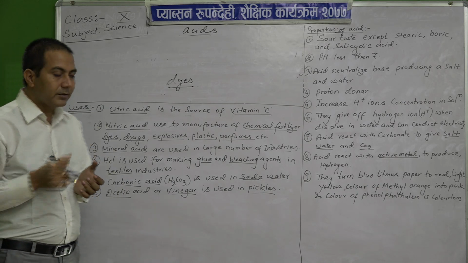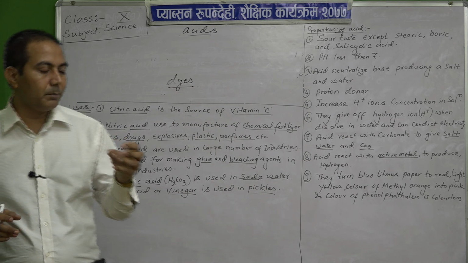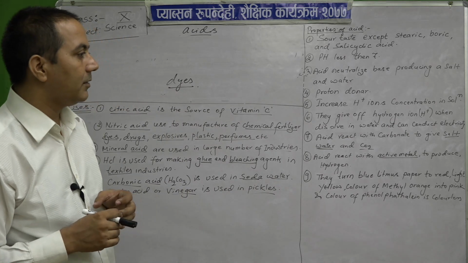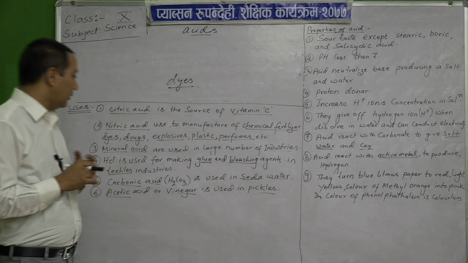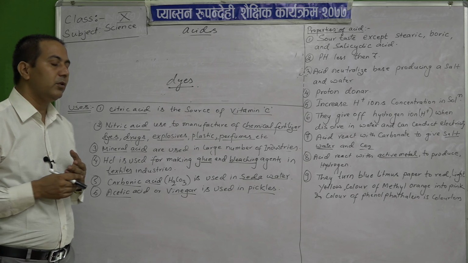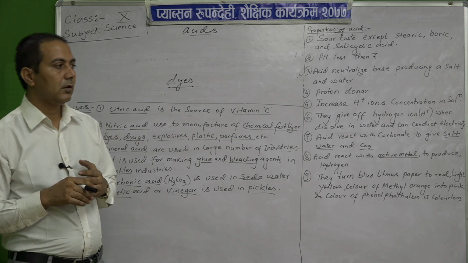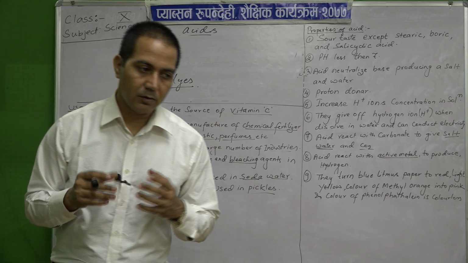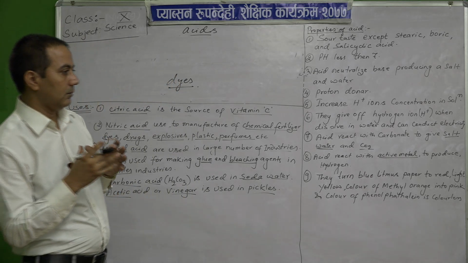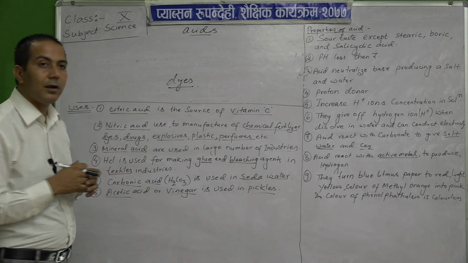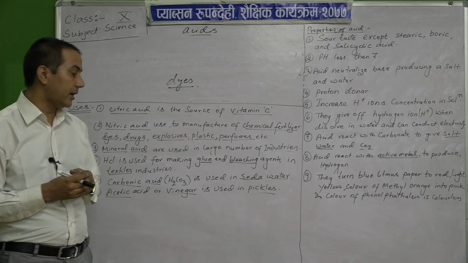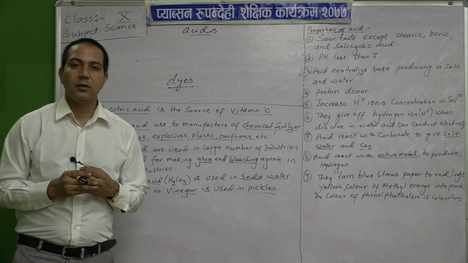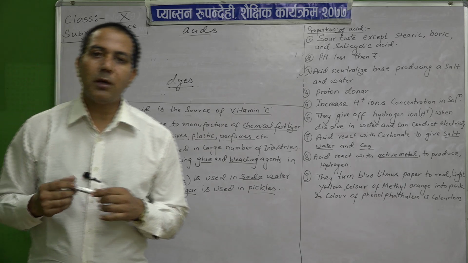Then the next one is vinegar, which is used in pickle. It is used in pickles, that is, we preserve the pickles for a long duration, in which we add acetic acid, or vinegar. So, these are the uses of the acids.